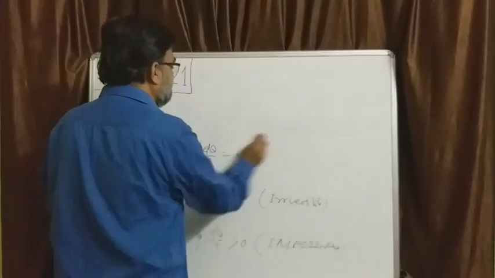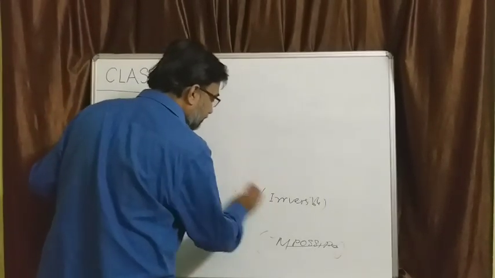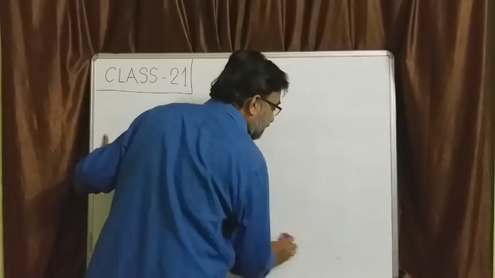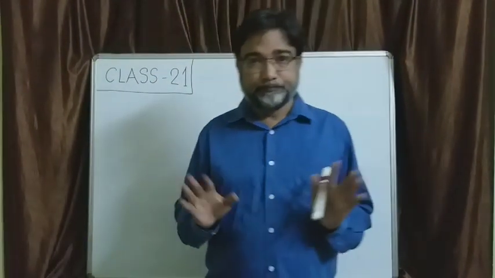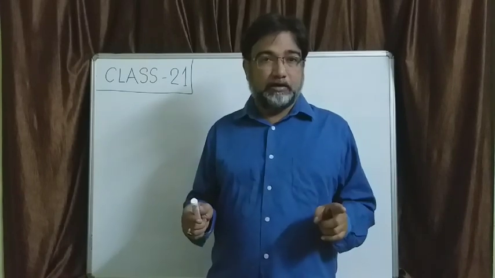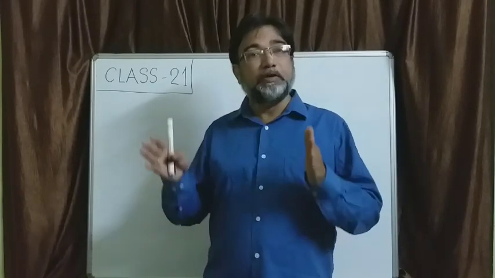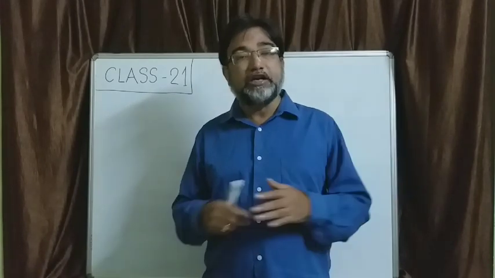What we can discuss from this is that one thing is becoming clearer now, that dq by t is not entropy. Why? Because if it were entropy, entropy is a property. Entropy is a thermodynamic property, very much within the list of those 8 properties.